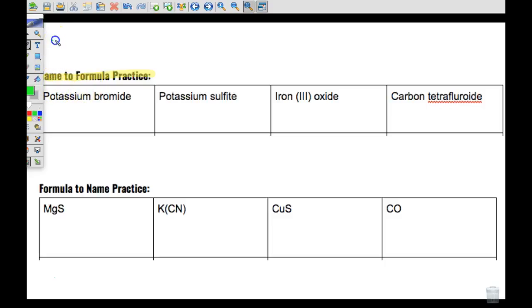If I have an ionic compound, because there are only two types, they're ionic and covalent, I'm going to have a metal, which lives on the left side of the periodic table, and it's going to be bonded to a nonmetal, and nonmetals live on the right side of the periodic table.